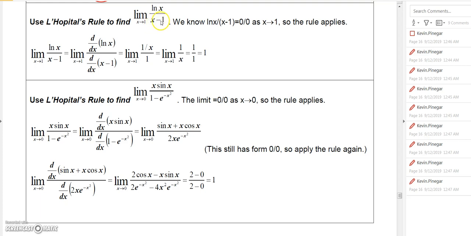In the denominator, we get 1 minus 1, which is 0. So again, I get the 0 over 0 form, and the rule does apply. So all I have to do now is take the derivative of the numerator, natural log of x, which gives 1 over x, and then take the derivative of the denominator, and the derivative of x minus 1 is 1.